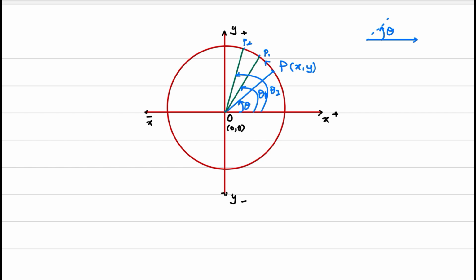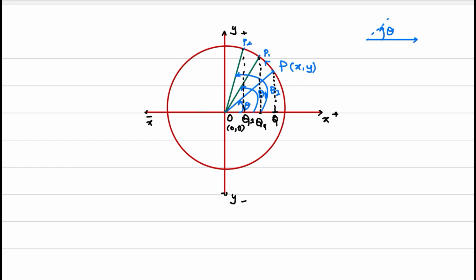Now, let me draw a perpendicular from point P to the x-axis. Let me call this point Q. For P1, if you draw the perpendicular, it will be Q1, let us say. For P2, when you draw the perpendicular, it is Q2.